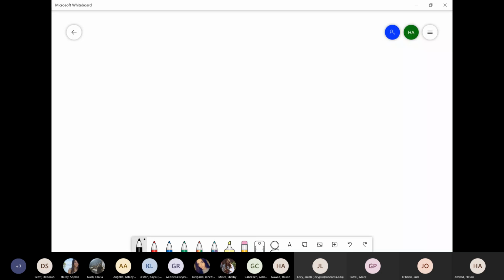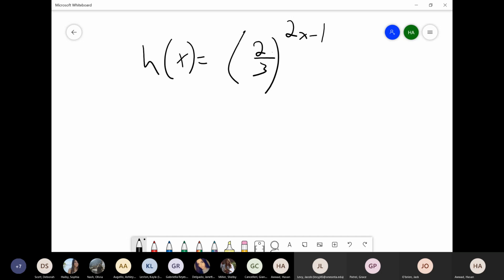Okay. So 23 was quite literally just evaluating your ability to plug into a function. So let's take a look at what we're given. We are given the function h of x is equal to 2/3 to the 2x minus 1.